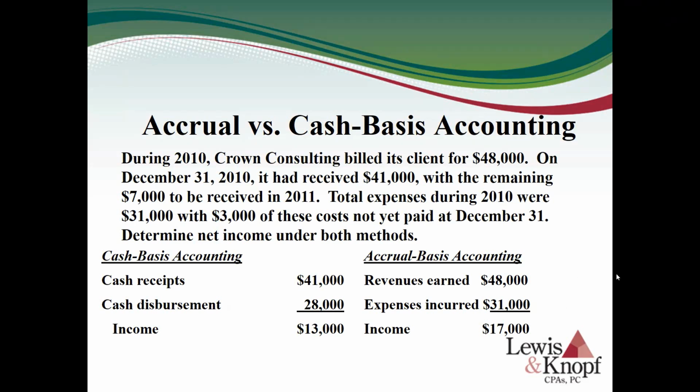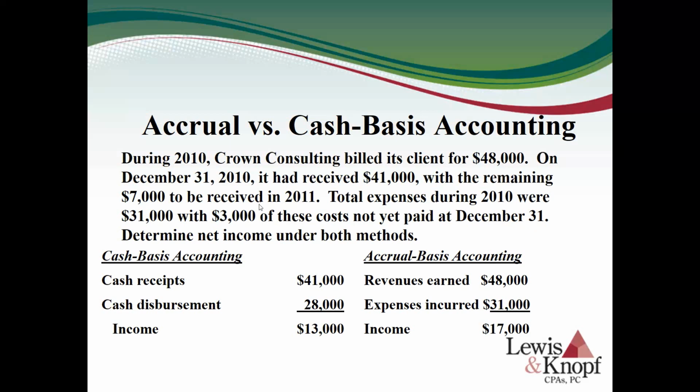Yes, the 28,000: in cash basis accounting, they only recognize expenses when they have been paid. You see, reading from here, the total expense during 2010 was 31,000, with 3,000 of these costs not yet paid at December 31st.